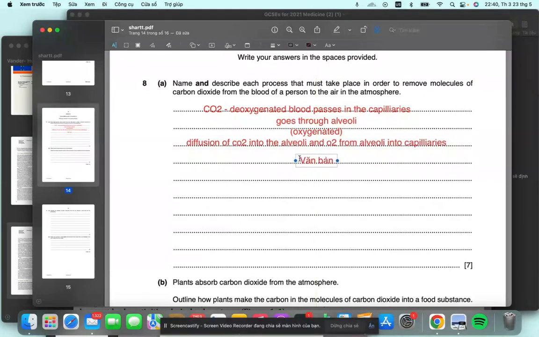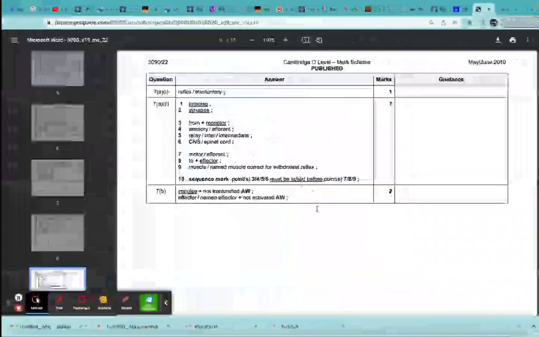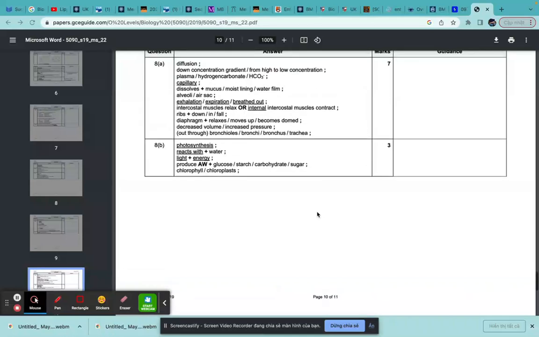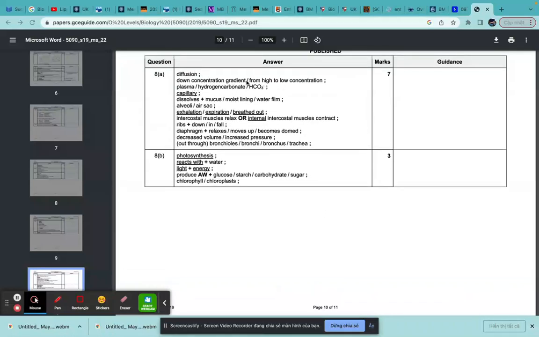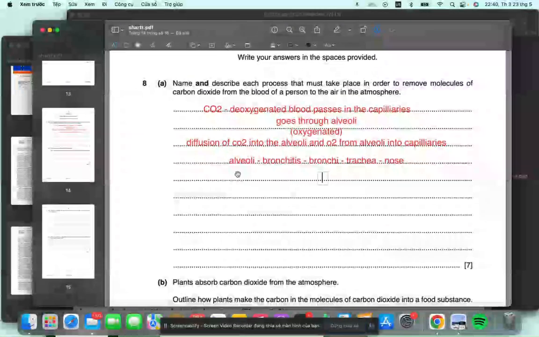Then from the alveoli it goes to the bronchi, to the trachea and nose. I cut down a bit of the process, but we outlined the basic idea. We got diffusion, high to low, dissolved in mucus, alveoli. So this is called exhalation.